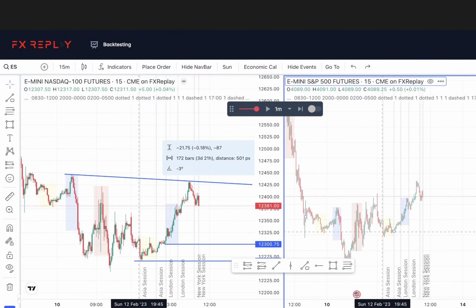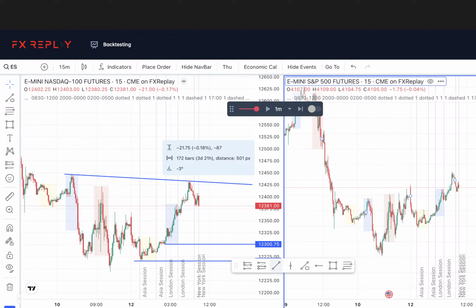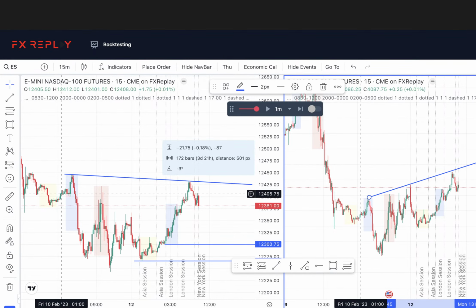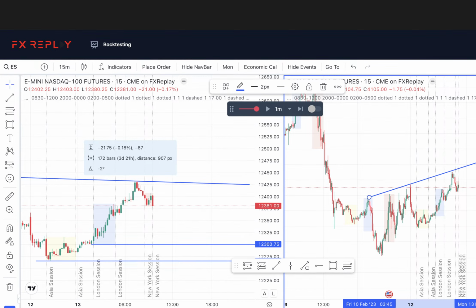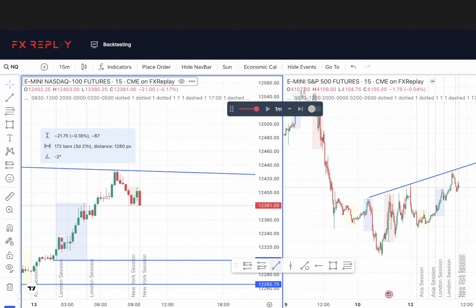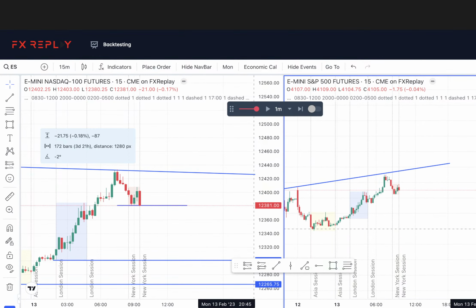SMT, because here we have higher highs. So is this giving a strong reversal? We already have a swing low here about to get disrespected.